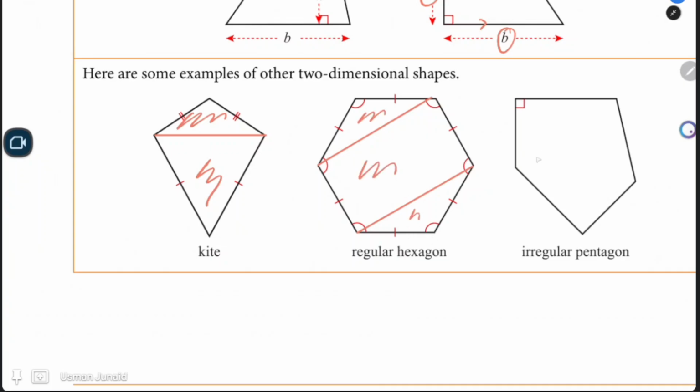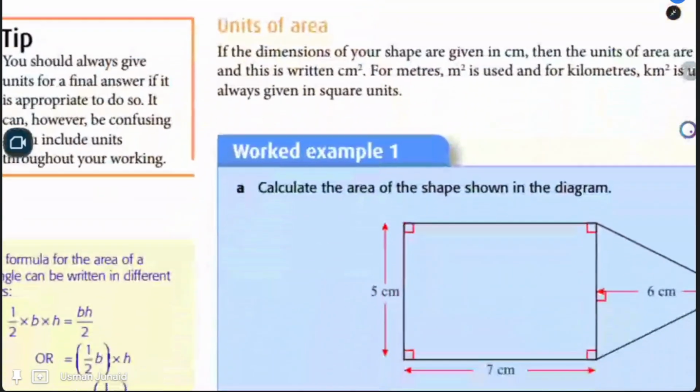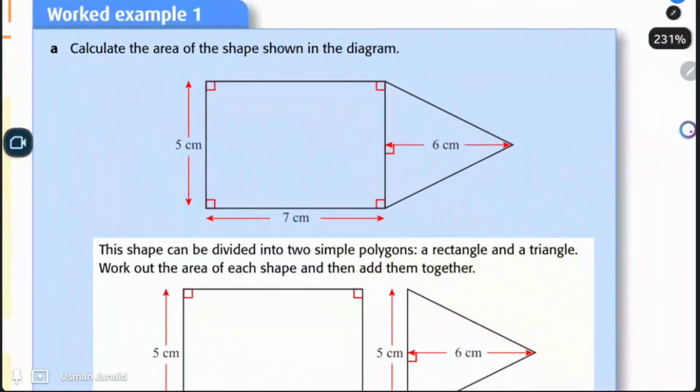I could divide this into a triangle and a somewhat of a trapezium. Depending on the question, whatever they give us, we can follow the appropriate method for it, right?